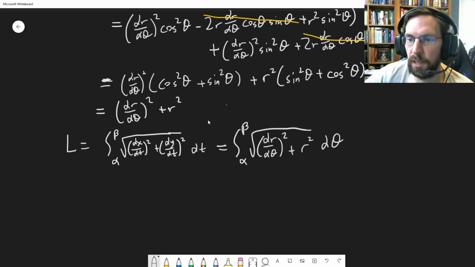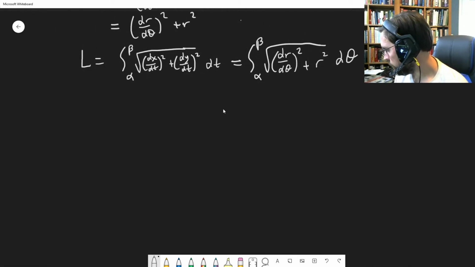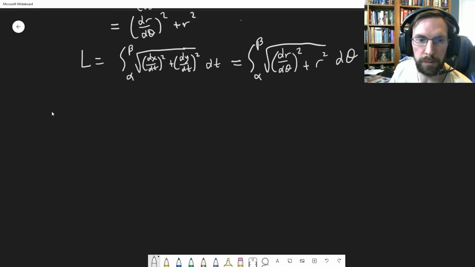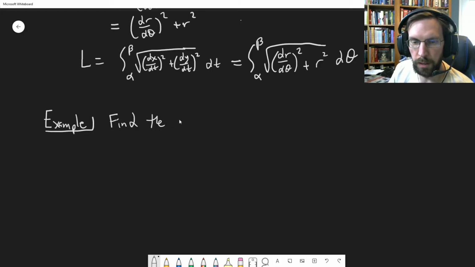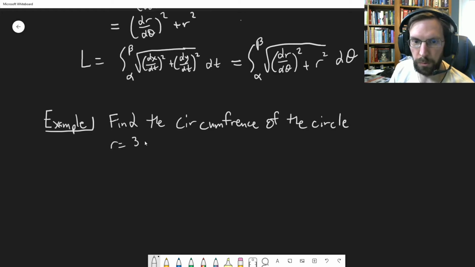Okay, so let's quickly double check this with a nice small example. Let's find the length of the circle. Example: find the circumference of the circle r equals 3 sine theta.